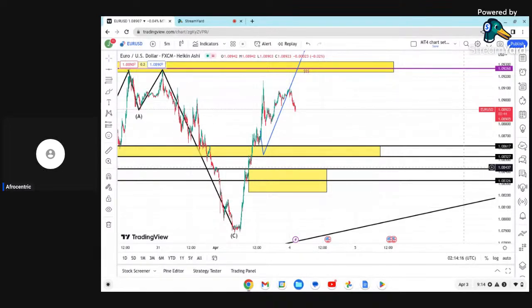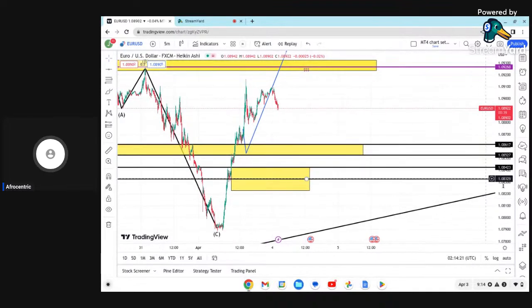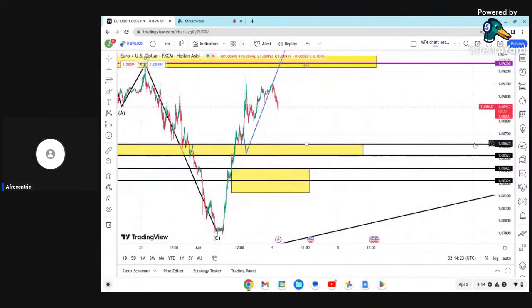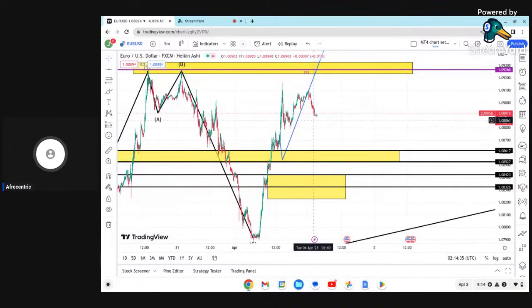So, oh man, I was good, my guy. So yeah, 1.08527. That is my price point, or target, for EURUSD. I'm in this now. And let me go and check. Let me see something.